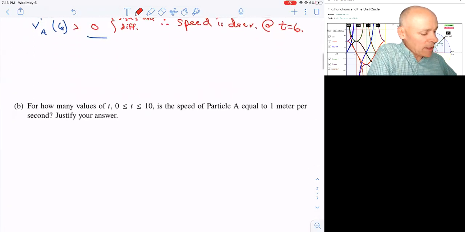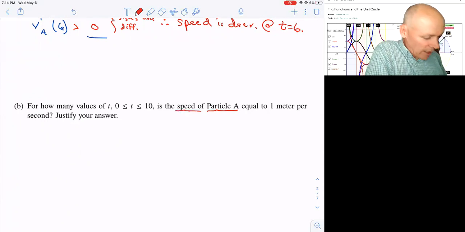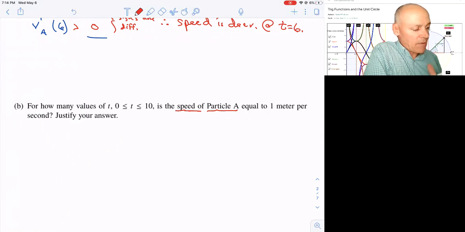For how many values of t over the closed interval from 0 to 10 is the speed of particle A equal to 1 meter per second? Justify your answer. I'm looking at speed for particle A, and I want to know how many t values in that closed interval from 0 to 10 the speed is equal to 1 meter per second.